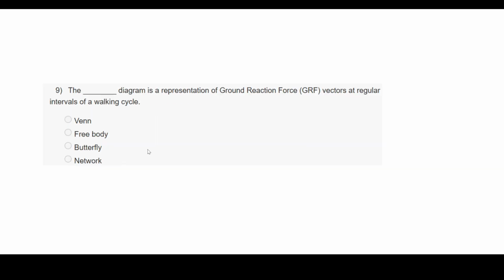The dash diagram is a representative of ground reaction force or GRF vectors at regular intervals of a walking cycle. Free body, butterfly, or network. Correct. Butterfly.